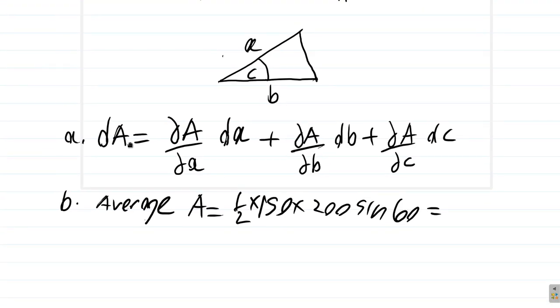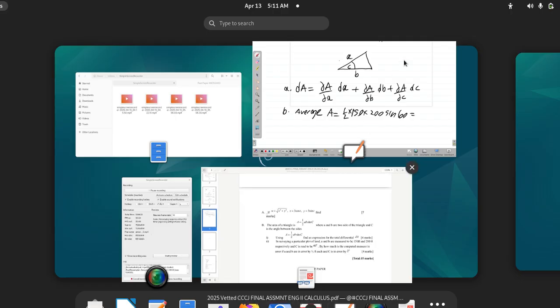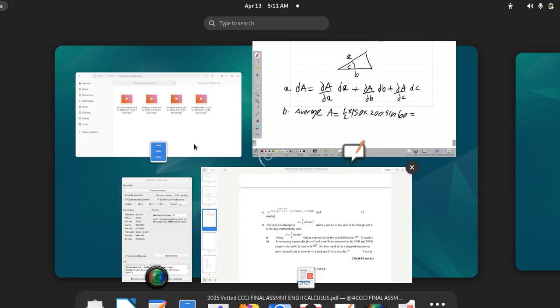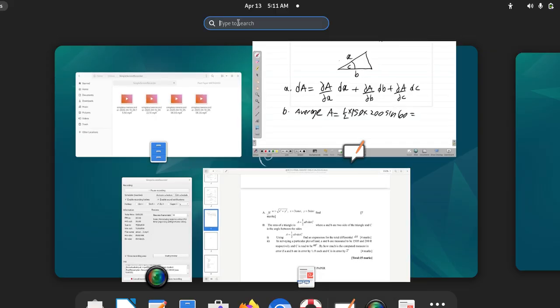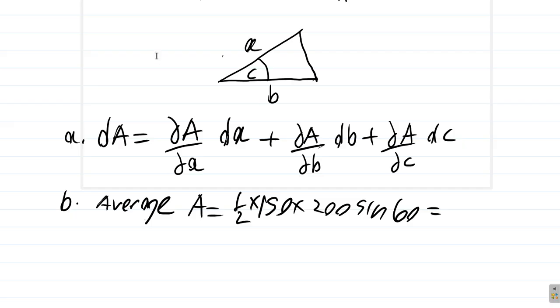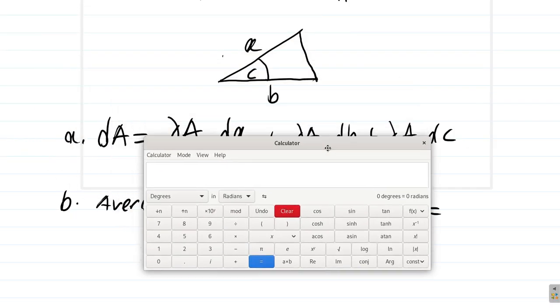When we calculate it, what do we get? Let's get our calculator here.